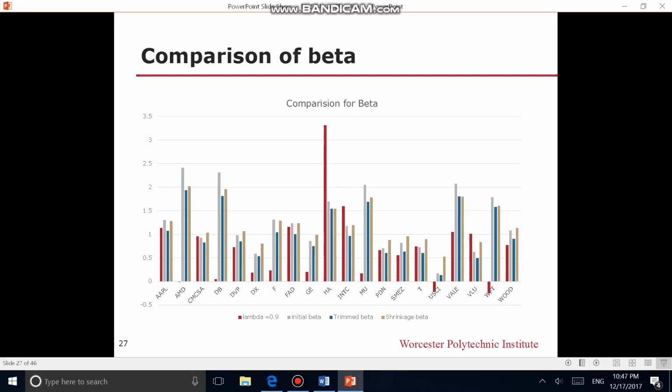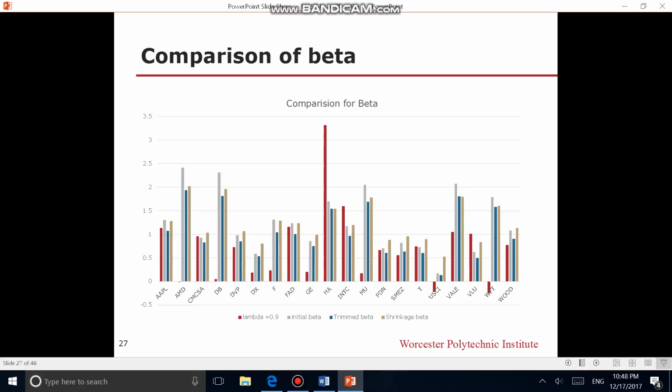And here is the comparison for beta by using different methods, and we can see that the trimmed beta, shrinkage beta, and initial beta are similar in value, and the trimmed method has the smallest beta among all the 3, which means it gives us the lowest return and the lowest covariance of the portfolio, while the EWMA is the most fluctuated one with consideration of the past.